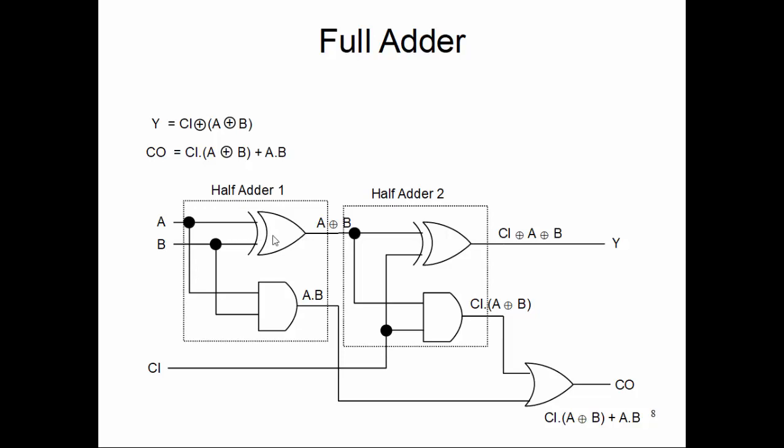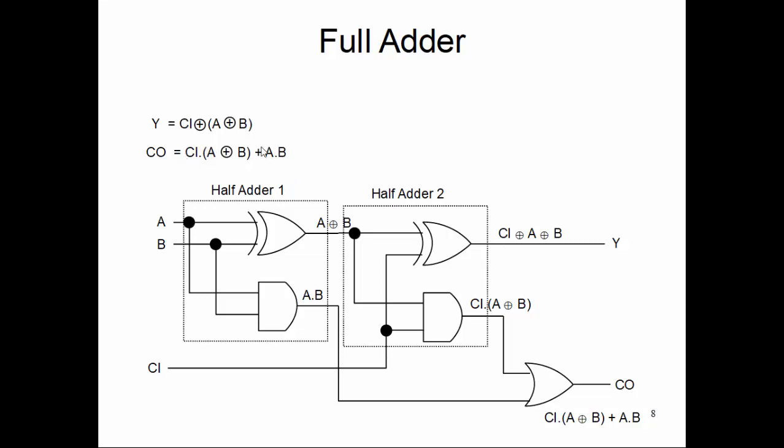And then I feed another half adder 2 with the output from half adder 1, so that the XOR inside half adder 2 will give me CI XOR A XOR B, and the AND will give me the other term, CI and A XOR B, assuming I am sending CI, the carry in, as the second operand to adder 2. So that becomes your CI (A XOR B), and these two carry outs from half adder 1 and half adder 2 must be ORed.